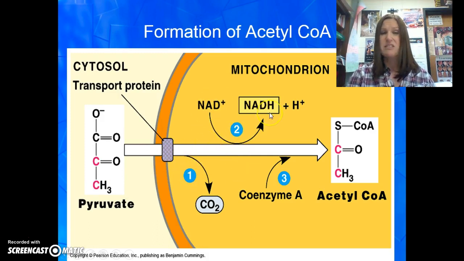NAD comes, takes a couple of electrons from that acetate, and now that acetate is willing to bond to coenzyme A. Now remember, coenzyme is simply an organic non-protein molecule that helps aid enzymes work. That's it. So you should kind of know, well, if coenzyme's coming in, that means we're going to be going through a lot of reactions that are going to be utilizing those enzymes. So let's take a look at that.